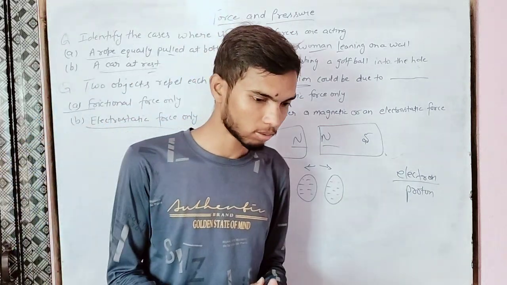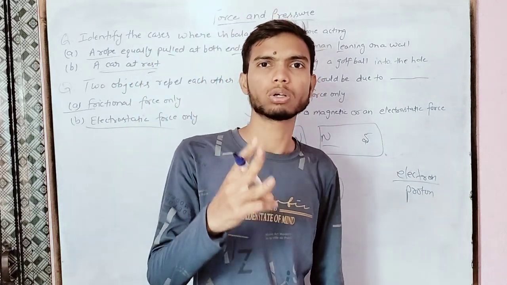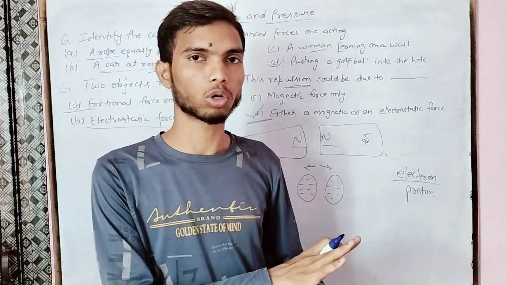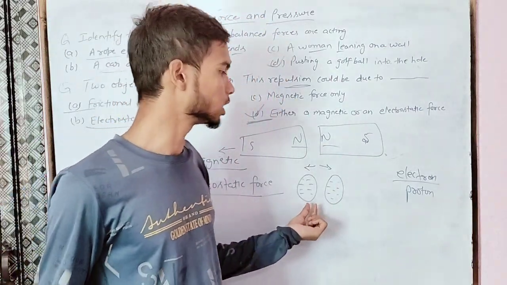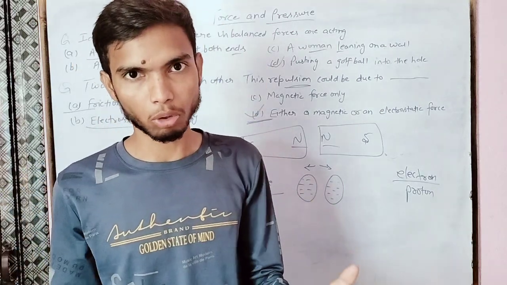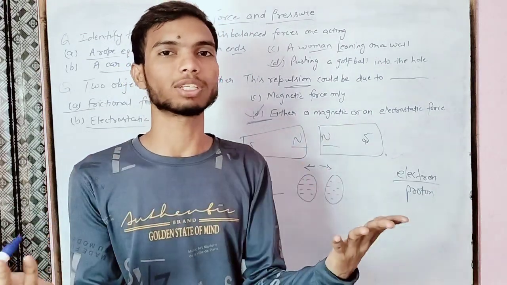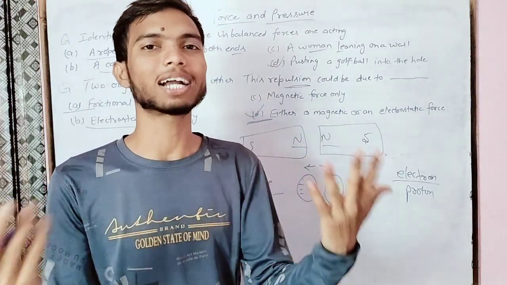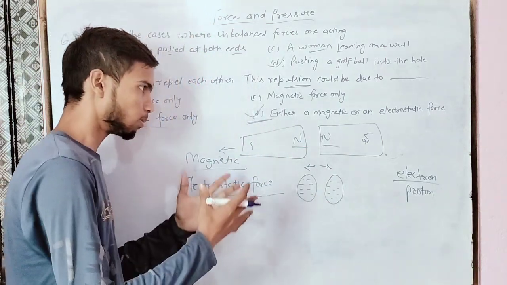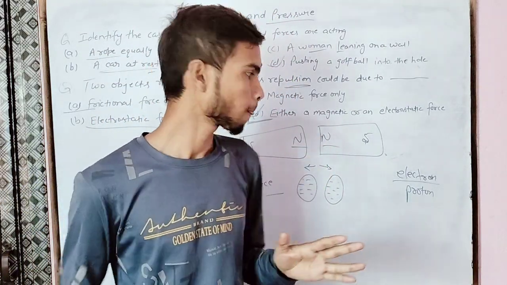So if two bodies have one thing similar, electron, you can see this body has electron and this body has electron. Both are similar, that's why both will repel each other, not attract.